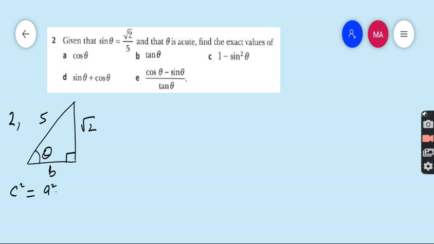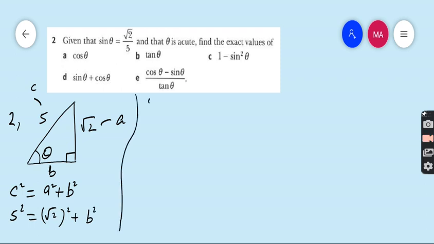C square is equal to A square plus B square. This is A, this is C. So 5 square, C square, is equal to root 2 square plus B square. 5 square is 25, and square and root cancel, so it is equal to 2 plus B square. 25 minus 2 is equal to B square. 25 minus 2 is 23.